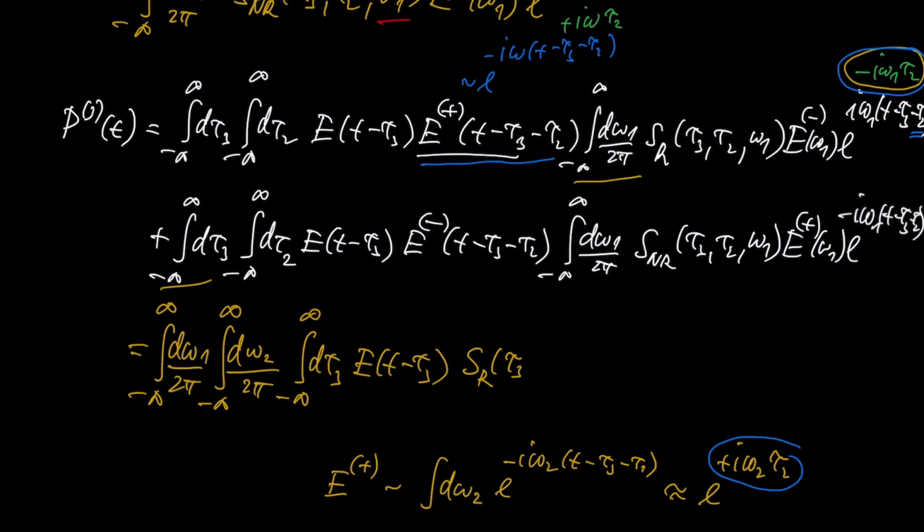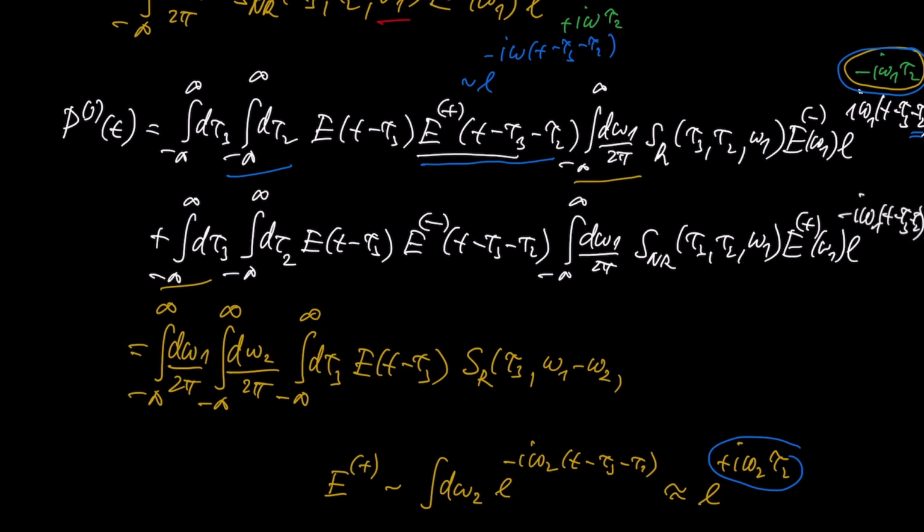So altogether, the integral over d tau 2 will turn into a Fourier transform of the SR function. It depends on how we define that Fourier transform, but we can, for instance, say that this is going to be a Fourier transform with the argument omega 1 minus omega 2, or omega 2 minus omega 1, depending on how you actually define the Fourier transform.